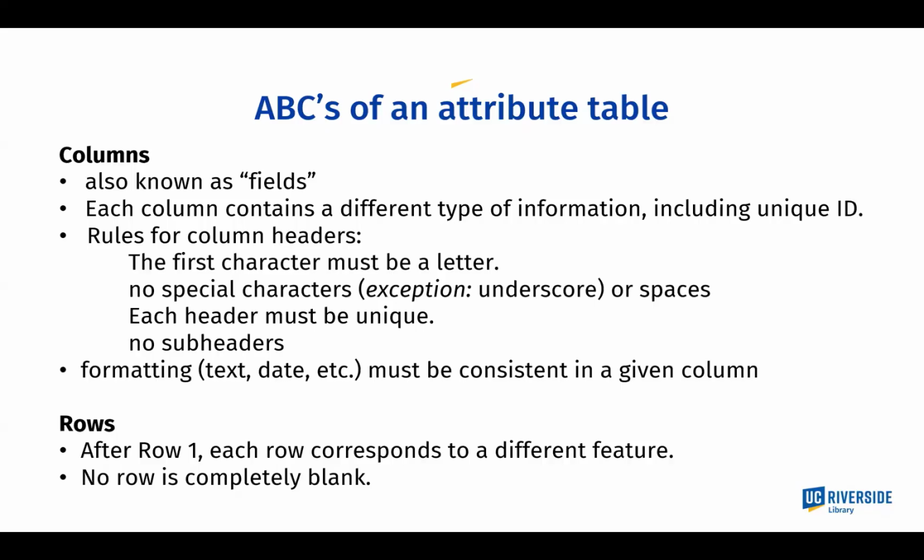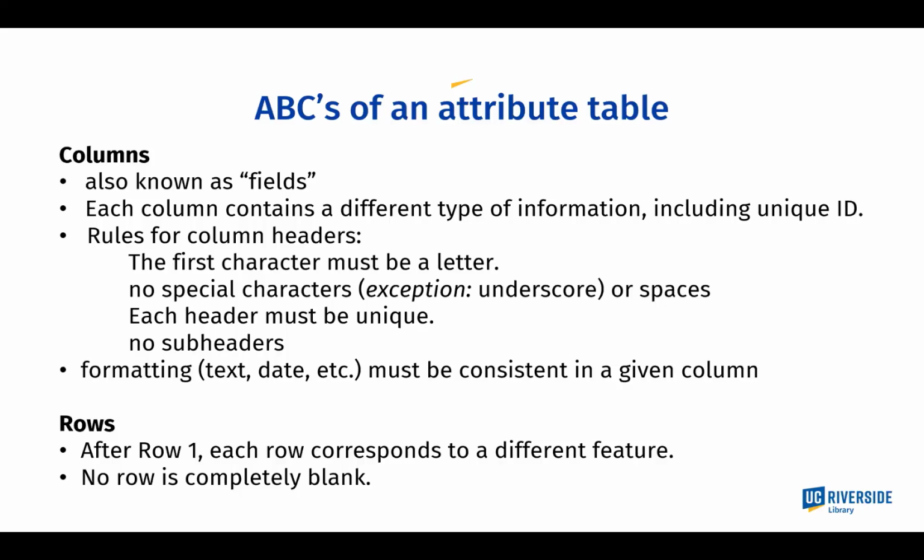There are some rules for how the columns have a heading or a title at the top. The first character has to be a letter. You can't have any special characters in that heading except an underscore. You can't have any spaces. Each header must be unique, so no duplicate identical headers, and you can't have a subheader.